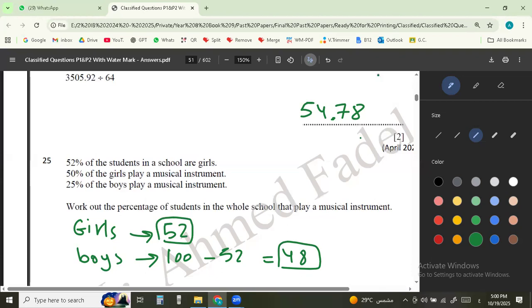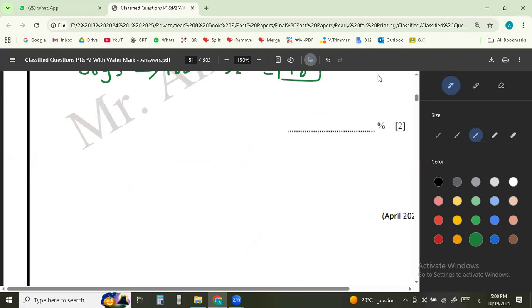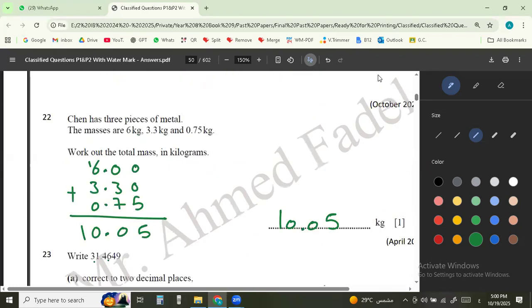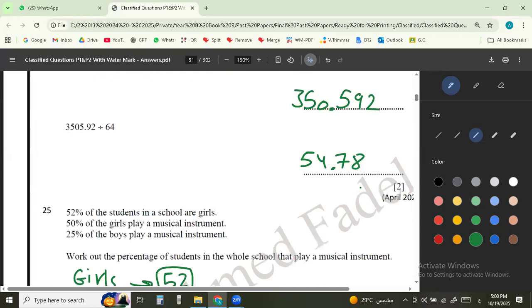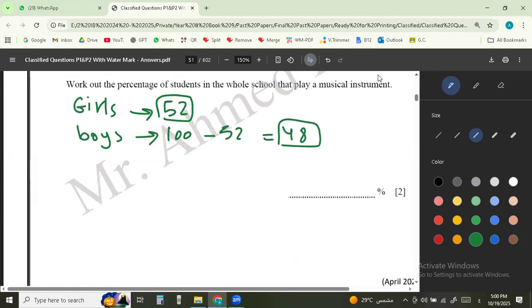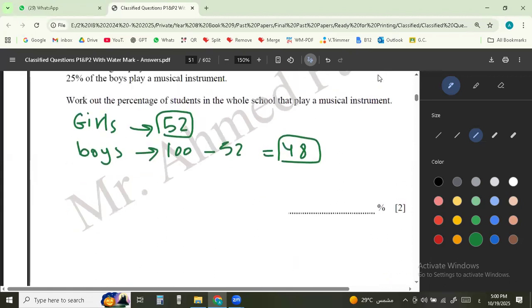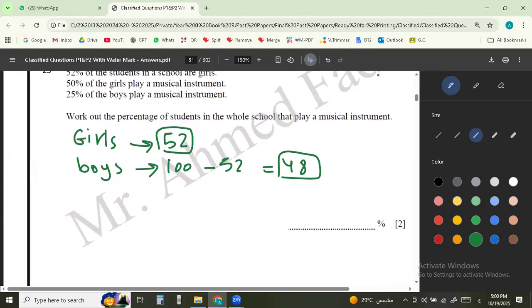Good. So, playing instruments: 50% of the girls play instruments and 25% of the boys.